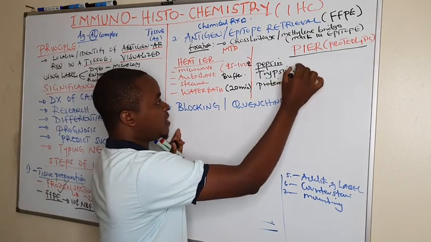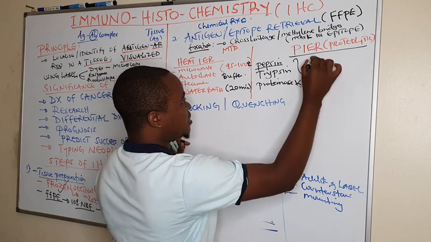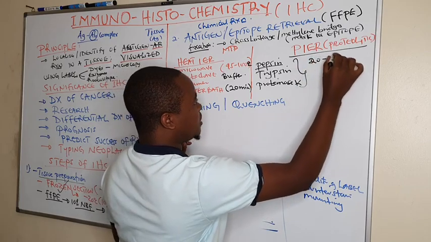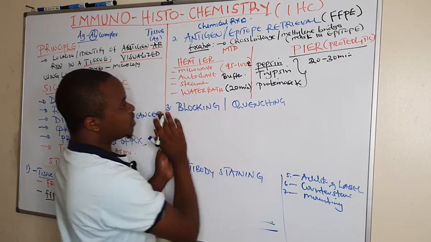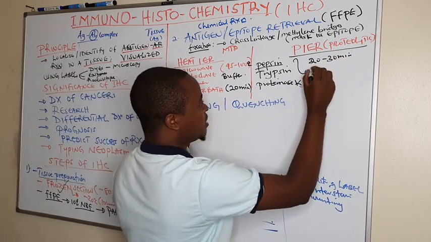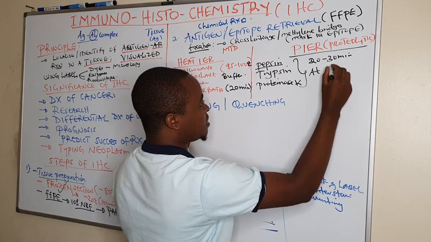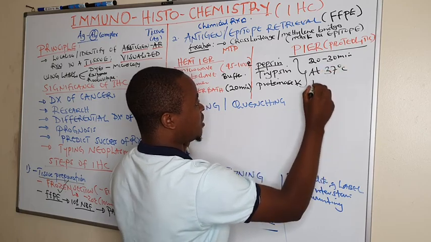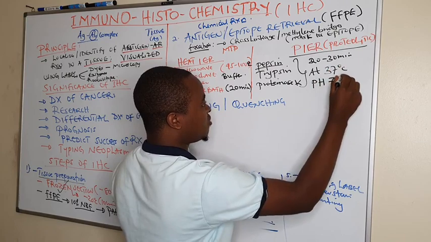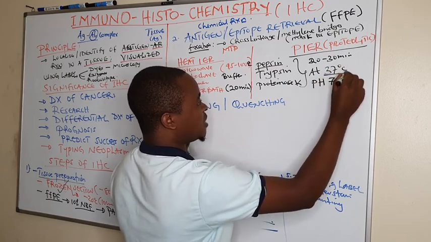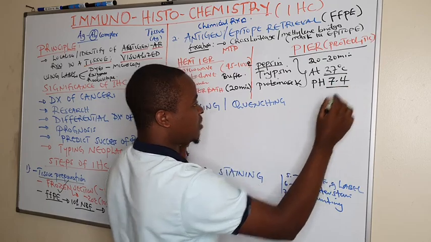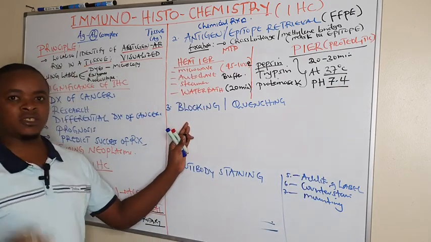So these are the ones, and if these are done, it takes 20 to 30 minutes, meaning it takes longer compared to heat, and it should be maintained at a temperature of 37 degrees and a neutral pH of 7.4. So the condition: temperature should be 37, pH should be 7.4, which is neutral.